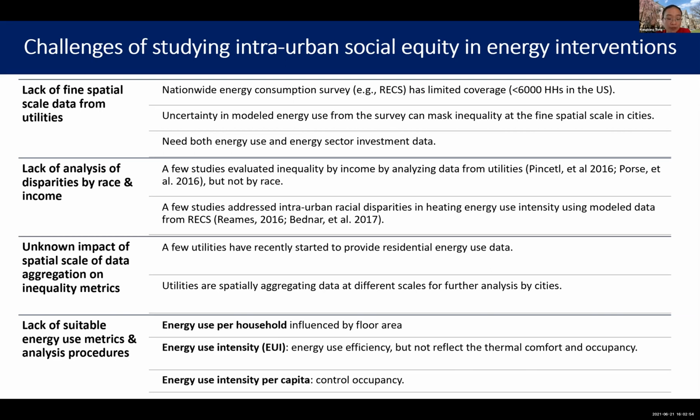And then there is also energy use intensity per capita, which can control for housing occupancy, but couldn't get to the thermal comfort issue either. So there are different metrics. What we did is we evaluated all of these metrics. Because of the time, today's results will show energy use intensity as the focus, because the intervention I'm looking at is energy efficiency intervention.